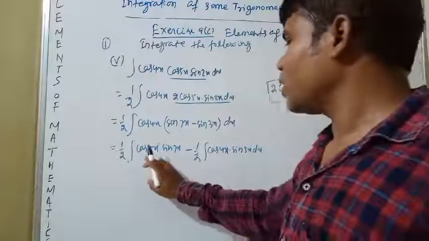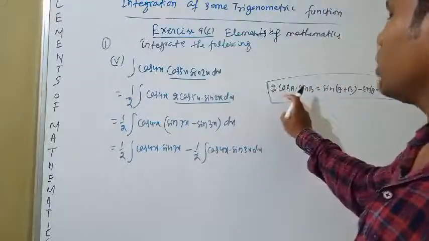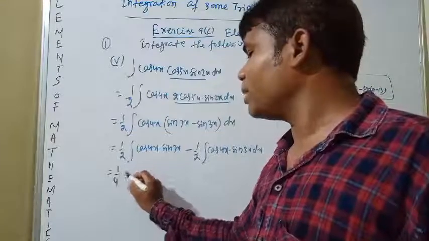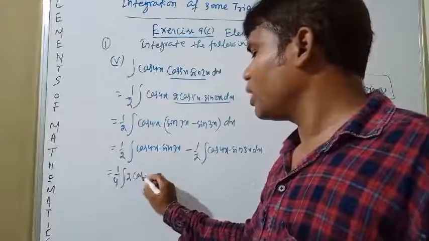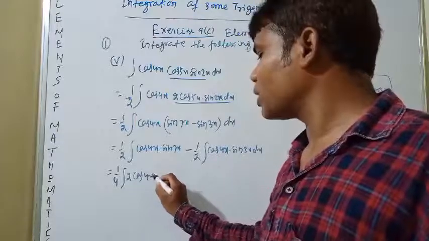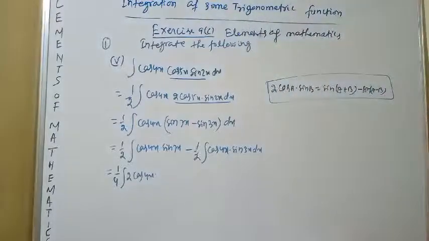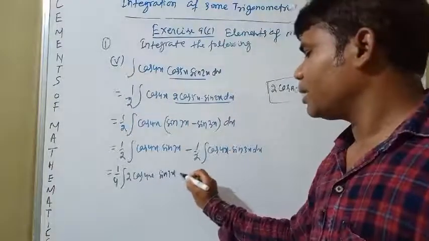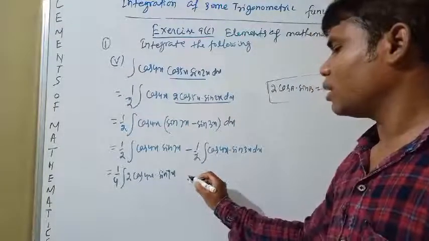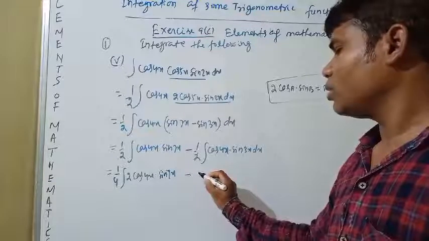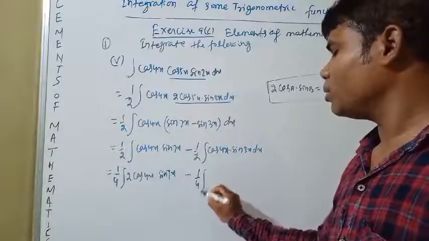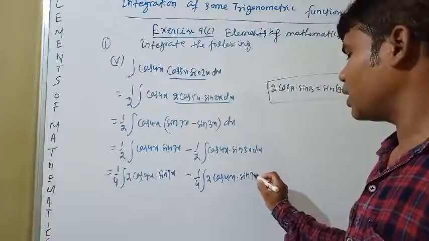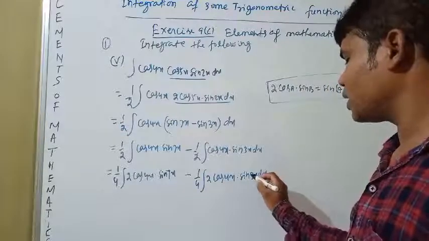Here you see cos A into sin B, the same formula. You multiply with 2 and divide with 2. You can get 1 by 4, 2 cos 4x into sin 7x. Here also you multiply with 2 and divide with 2, you can get 2 cos 4x into sin 3x dx.